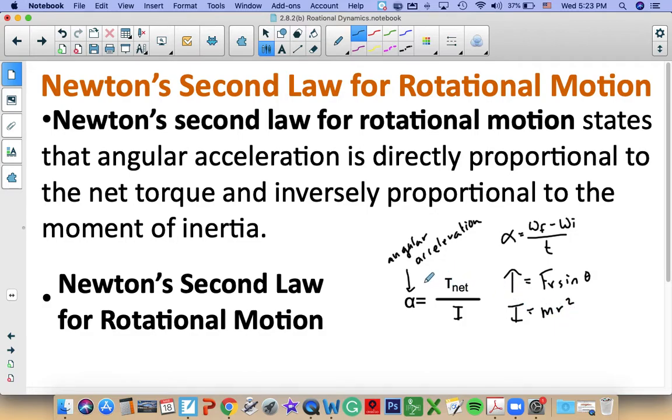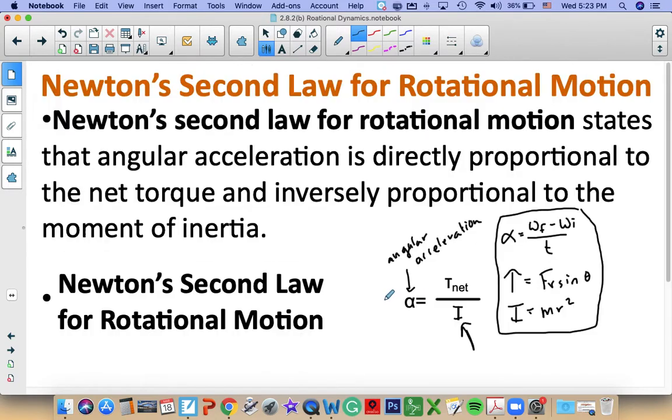So this little tiny equation seems pretty simple, but it can blow up into something like this, where we have to use those three other equations to find one of the pieces of that. It's a pretty loaded equation, even though it seems fairly simple. Net torque divided by moment of inertia gives me an angular acceleration.